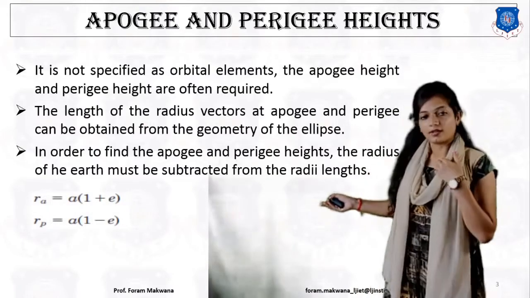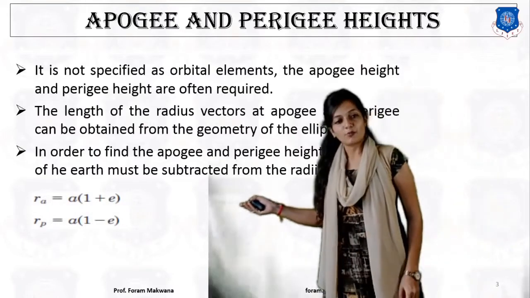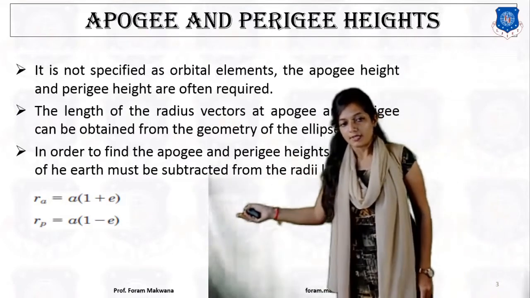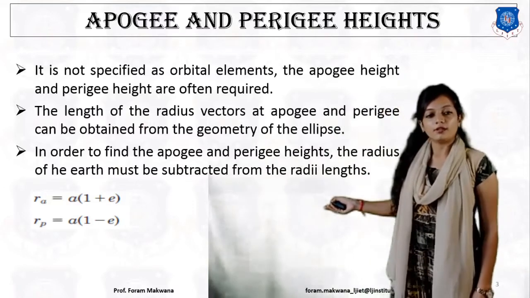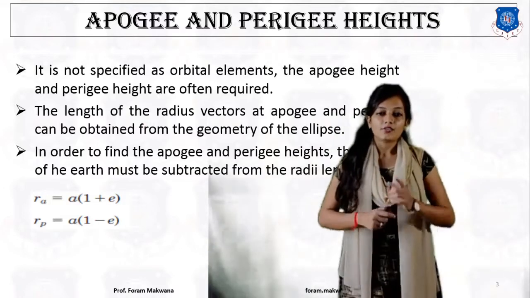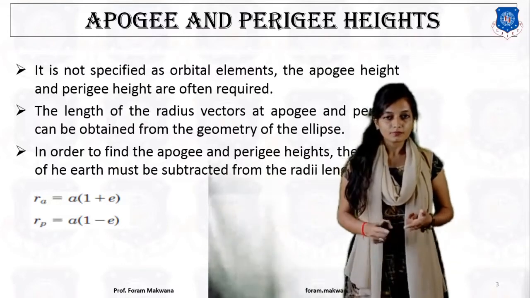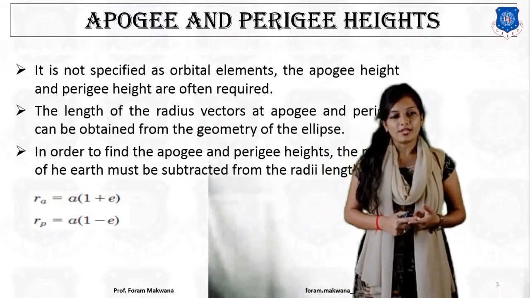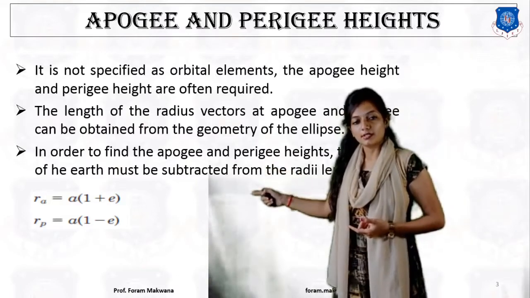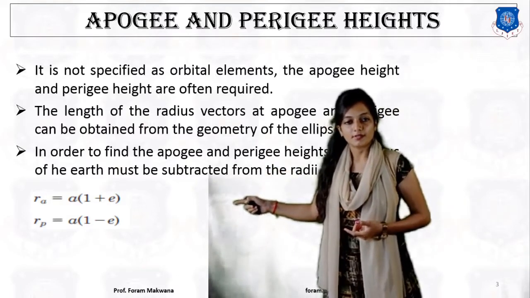The equation is RA, that is the radius of apogee, equals a(1 + e), and RP, that is the radius of perigee, equals a(1 - e). What is RA? RA is radius of apogee. RP is radius of perigee. What is small a? It is the semi-major axis.